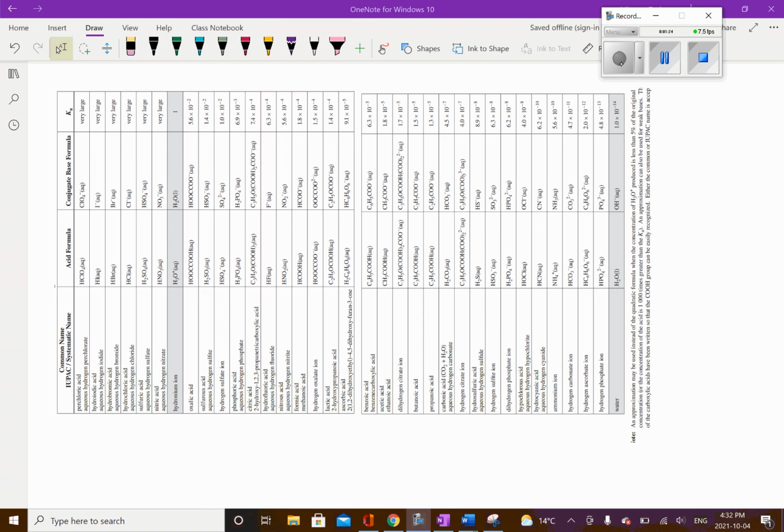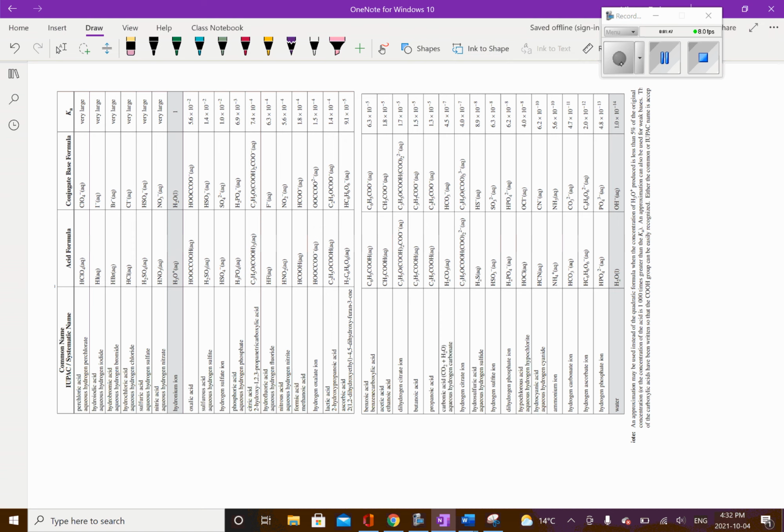So this will be the name of the acid. And then the other column is giving you the formula of the acid. So the proper formula of the acid is given here. We will talk about what is a conjugate base and what is this formula here.